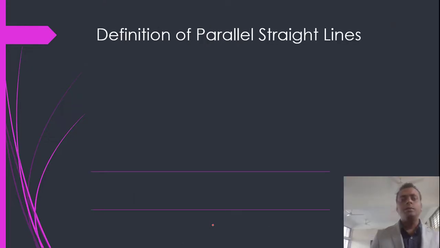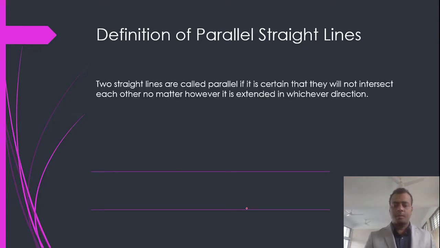Now we are going to define parallel straight lines. You can see two straight lines here. These two straight lines are called parallel. Two straight lines are called parallel if it is certain that they will not intersect each other no matter however it is extended in whichever direction.